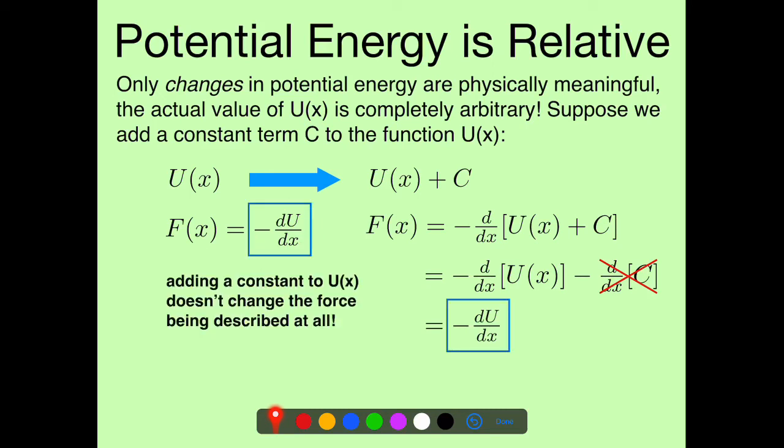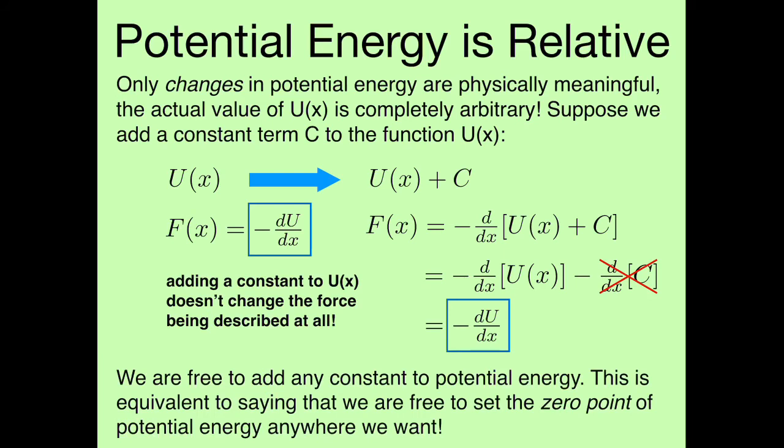So in other words, adding that constant didn't change anything about the force that's being described. Nothing at all whatsoever changed in terms of the physical force being described. So you're perfectly free to add any kind of constant to your potential energy function. It won't really change anything about the physics.